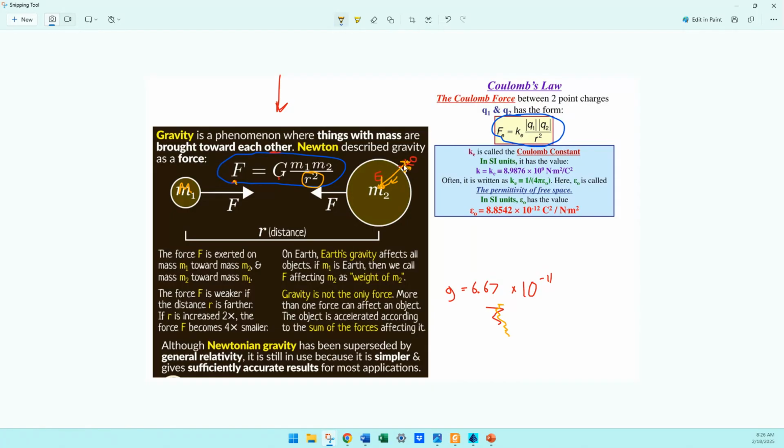Now, why is it that, unless you're Chuck Norris, if you jump up you come right back down, or if you jump off a ledge you come down to the Earth? Well, the Earth is so big, it's not really affected by that force in a measurable or noticeable way. Say you have the moon and the earth here.